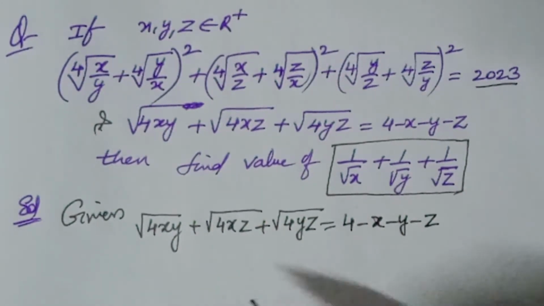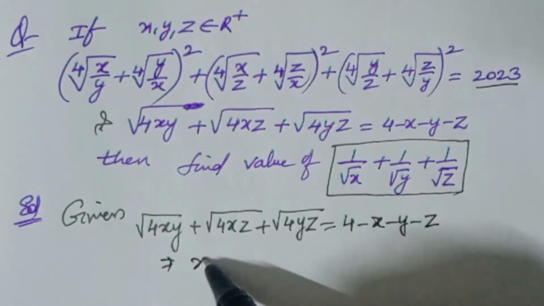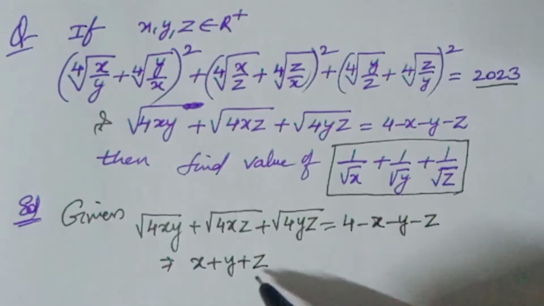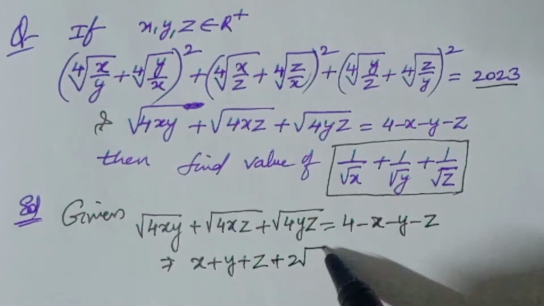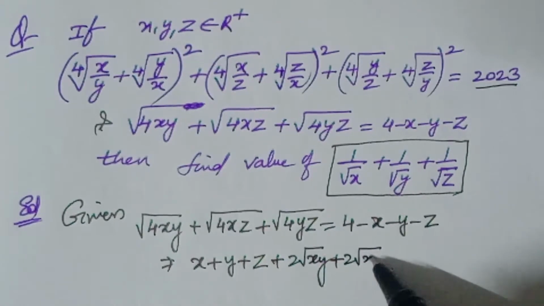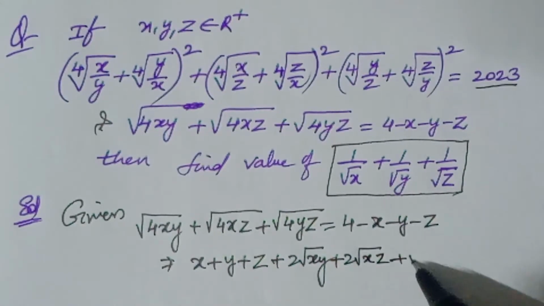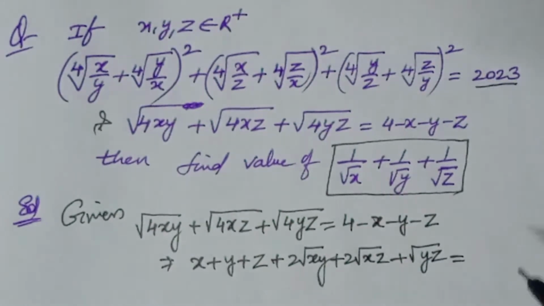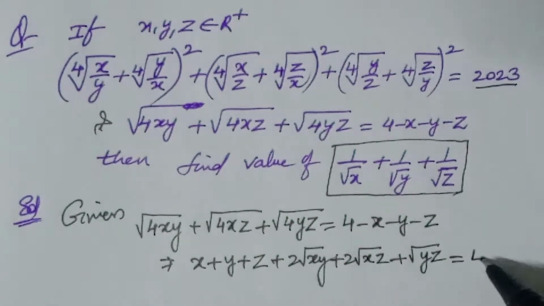So you are sending all the terms to one side: x plus y plus z. This can be written as 2 root xy plus 2 root xz plus 2 root yz is equal to 4.